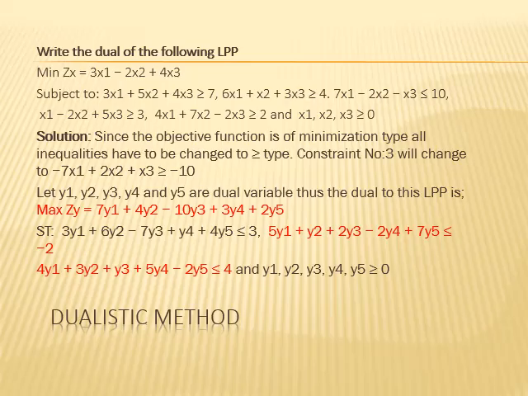Max Z equals 7y1. 7 is the constant of the first constraint of the primal, on the right hand side of the first constraint.